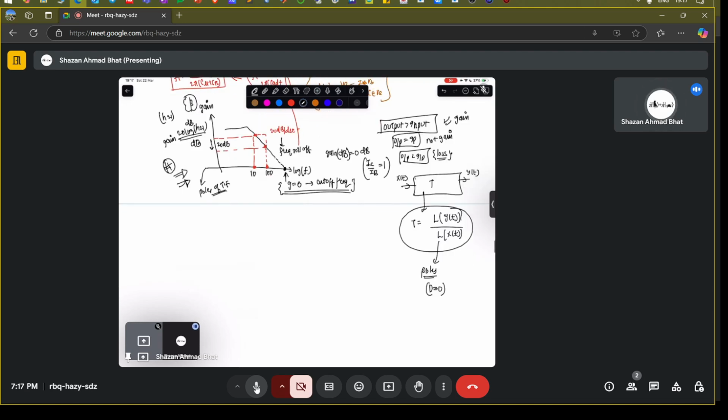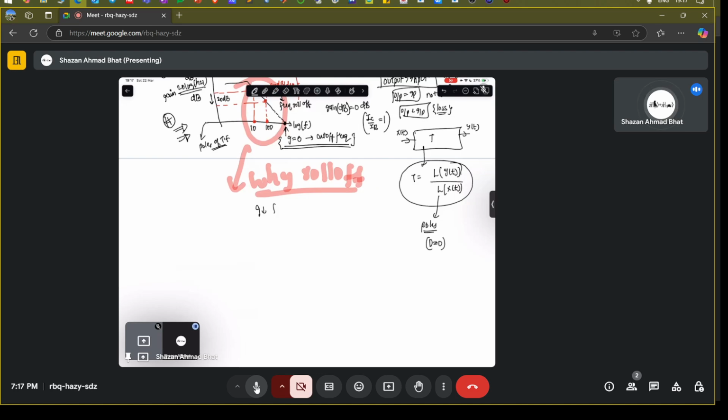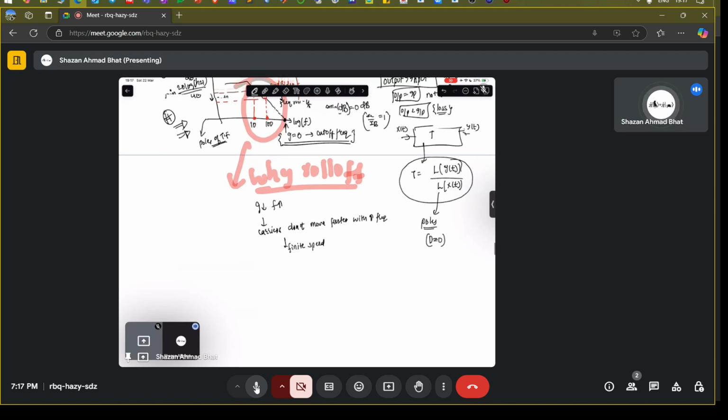So why does this roll off take place? That is the question. The roll off takes place because the gain decreases as the frequency increases, because the carriers cannot catch up. Carriers don't move faster with increasing frequency, because there is a finite speed of the carriers. Carriers cannot move as fast as you want.